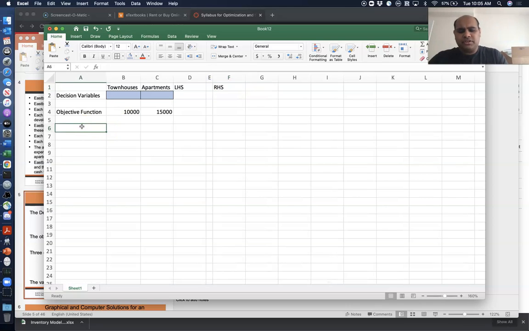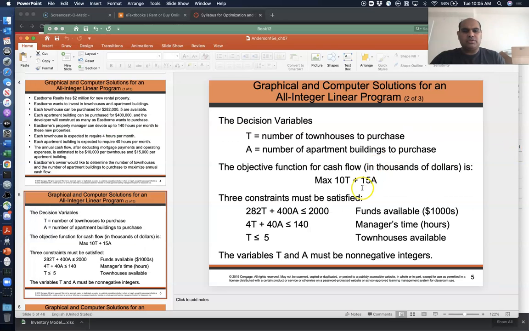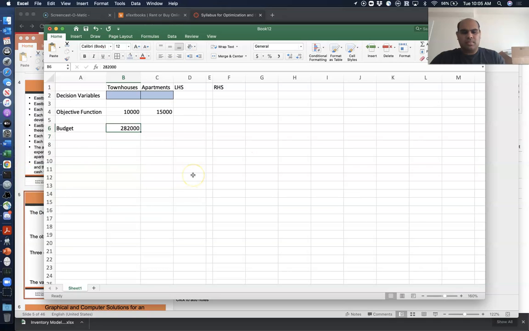And then the first constraint is the budget. So it's $282,000 per townhouse. That's how much the townhouses are going for, and $400,000 for apartment buildings. And this has to be less than or equal to $2 million. That's the first constraint.